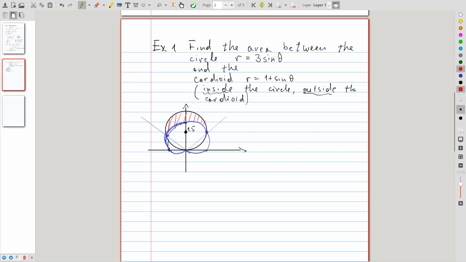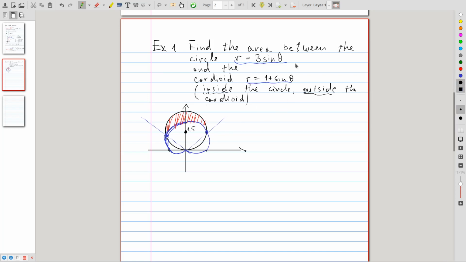And so we're looking at this region, which is contained between two different angles theta. So we have some angle here and some angle here. Let's find these angles. So in order to find them, we need to find the points of intersection of the circle and the cardioid, right? Because the points of intersection, this one and this one, give us the values for theta.